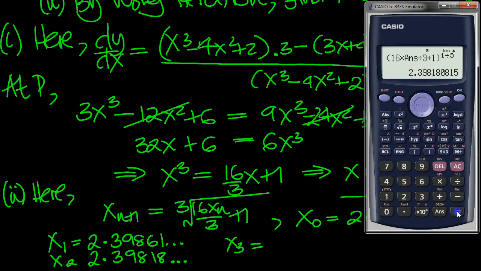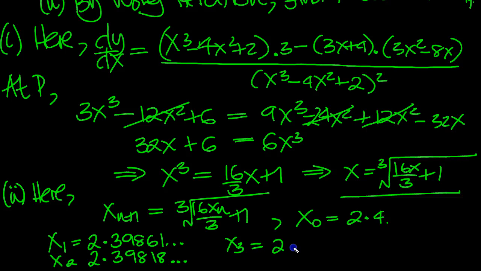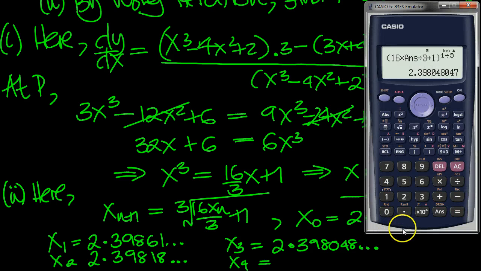Press equals again, 2.398048. And then let's just do one more. It looks like we've got our 3 decimal place answer here. That's 2.398. So let's try one more. Yeah, it's 2.398007.